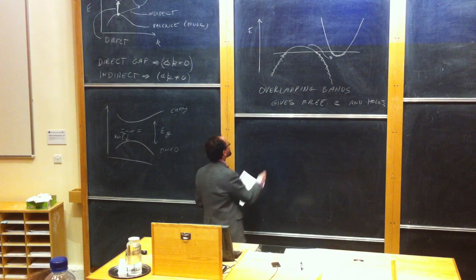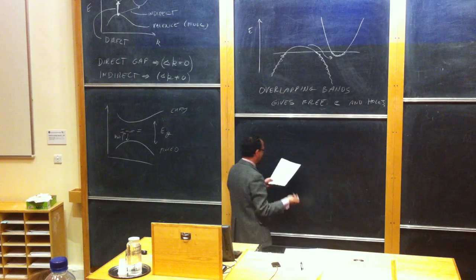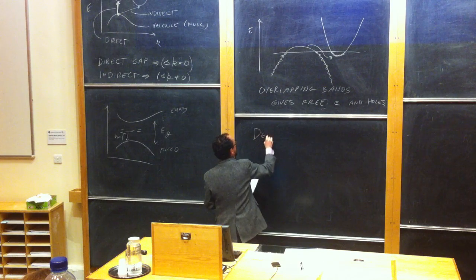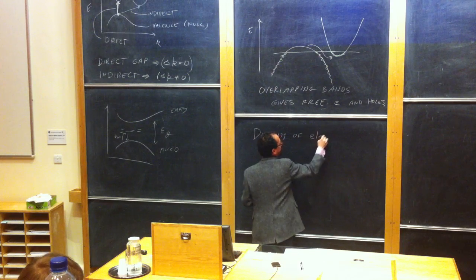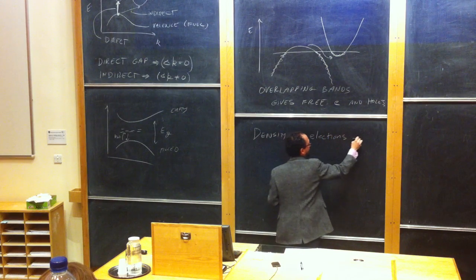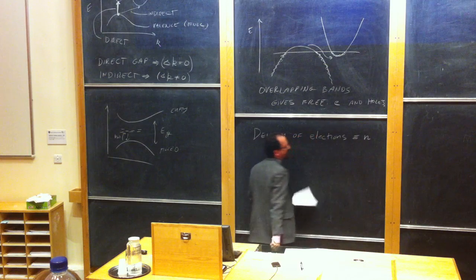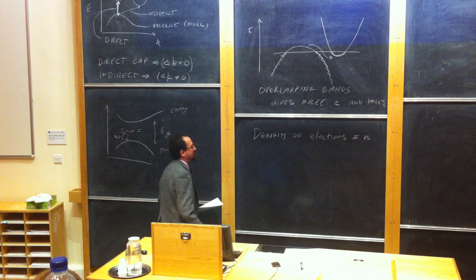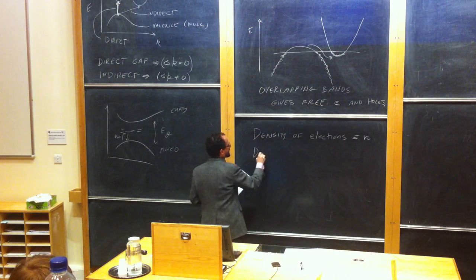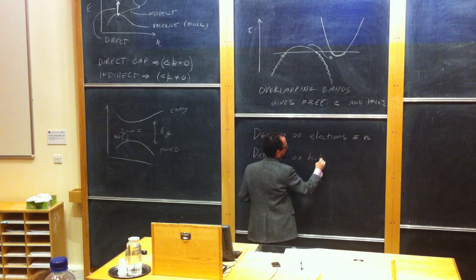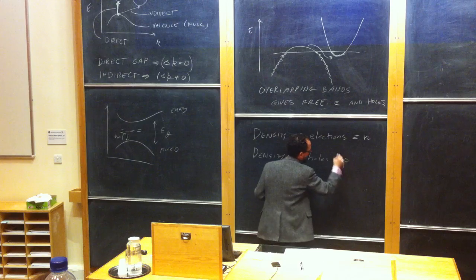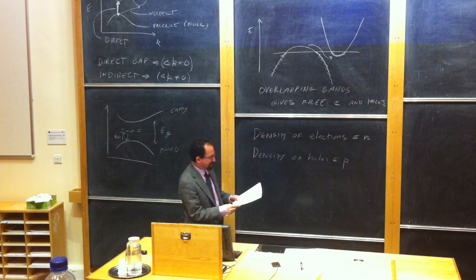Now, let's call the density of electrons equal n. That n stands for negative charge carriers, whereas the density of holes is conventionally called p for positive charge carriers.